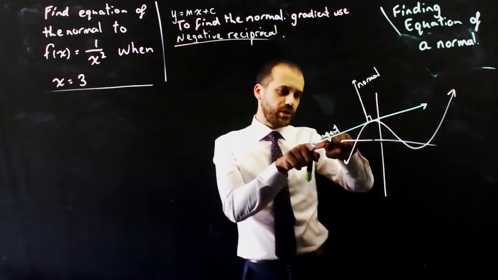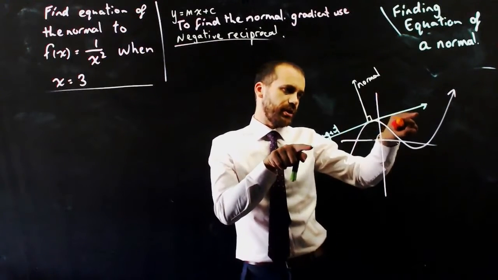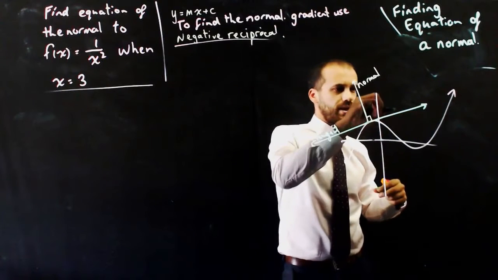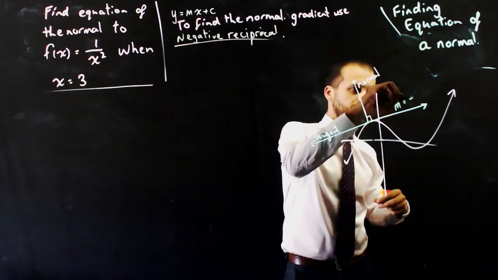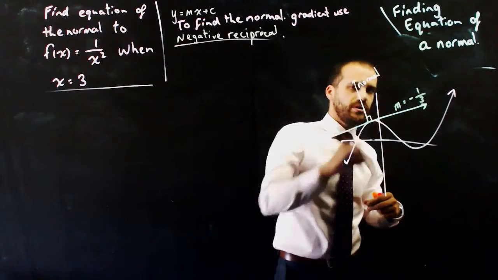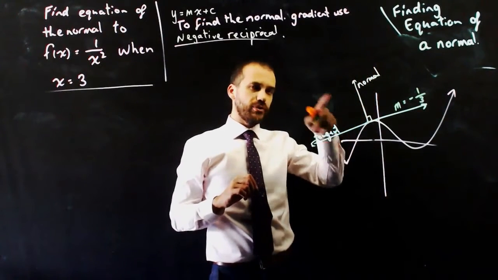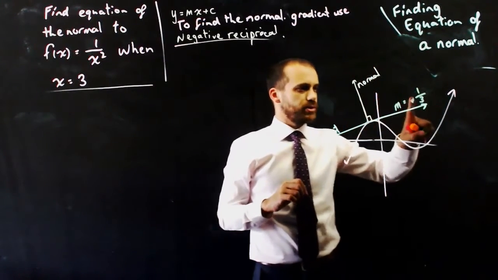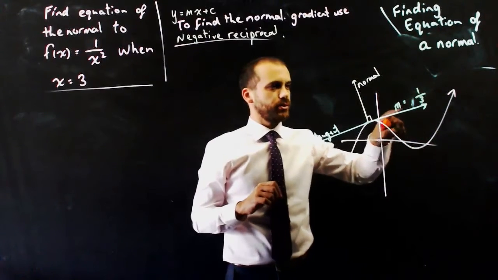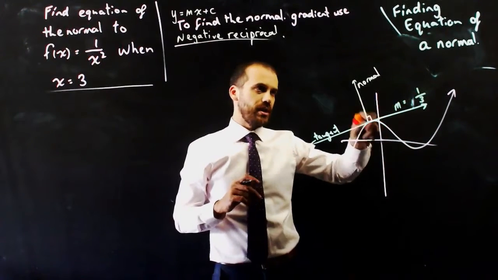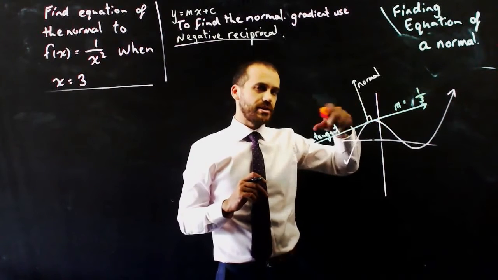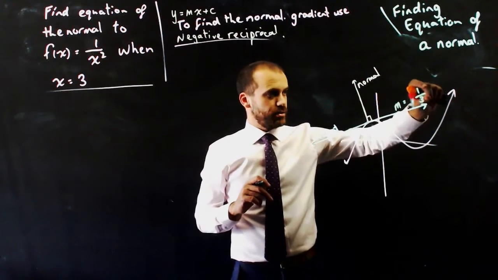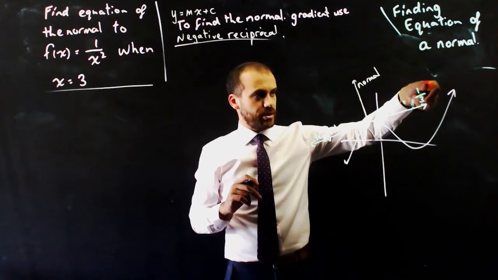So if the gradient of this line is, say, m equals negative 1/3, the gradient of the normal, sorry, it can't be negative because it's going uphill. If the gradient is equal to positive 1/3, then the normal gradient is going to be that gradient flipped upside down.